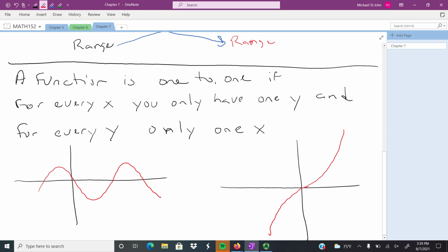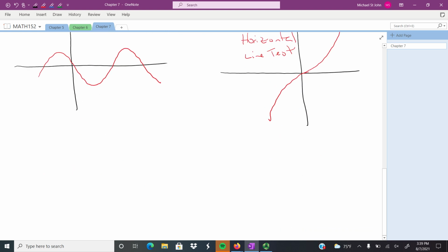It passes the horizontal line test. So for inverses, the inverse of f of x is x, and f of f inverse of y is going to be y.